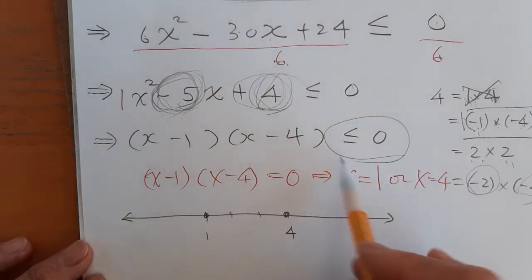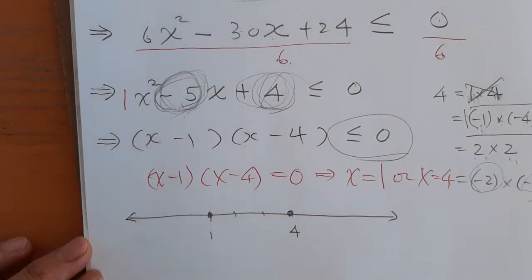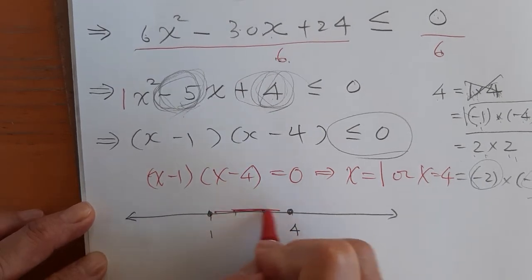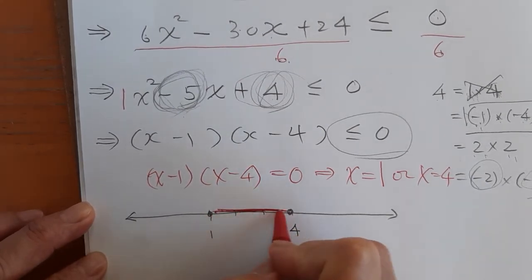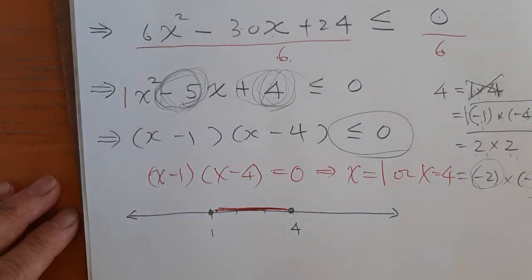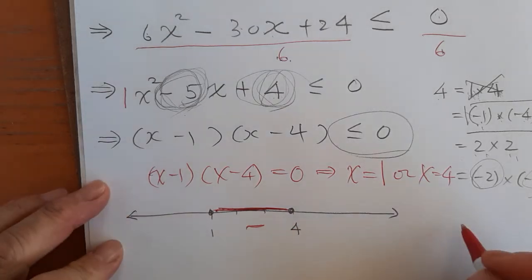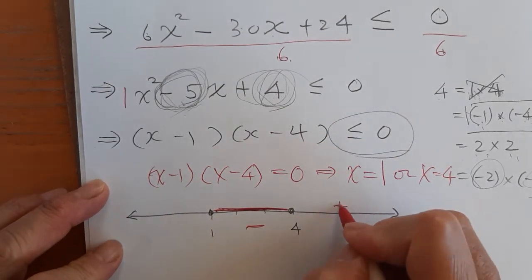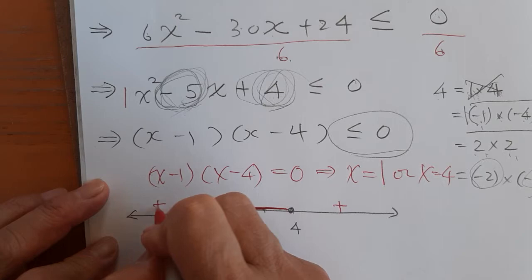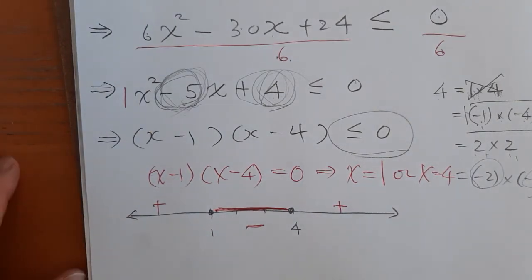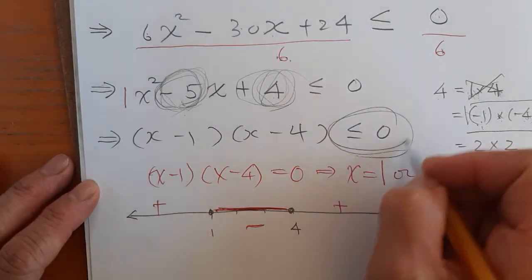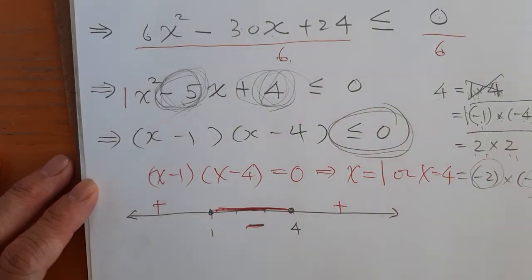And then here is less than 0. Less than 0 should be between them. Between them makes it less than 0, negative. The two sides, greater than 4, make it greater than 0, positive. So between 1 and 4 is the negative interval.